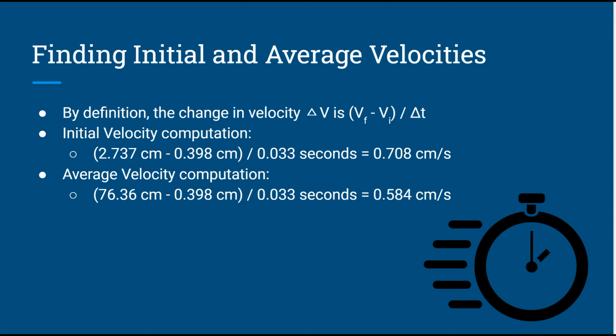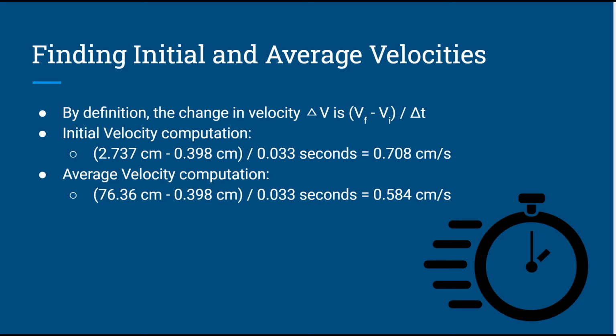By definition, the change of velocity, delta v, is v final minus v initial divided by change in time. Initial velocity computation was the following: 2.737 centimeters minus 0.398 centimeters divided by the change in time, which is 0.7 centimeters per second. The average velocity was 76.36 centimeters minus 0.398 centimeters over the change in seconds, which led to 0.8584 centimeters per second.